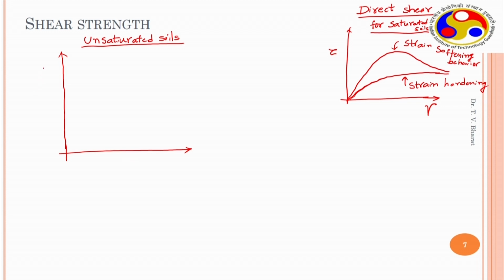So, here you can plot either tau. Here the test is for one particular normal stress. So, when you plot tau versus gamma, often this is plotted as stress ratio also.